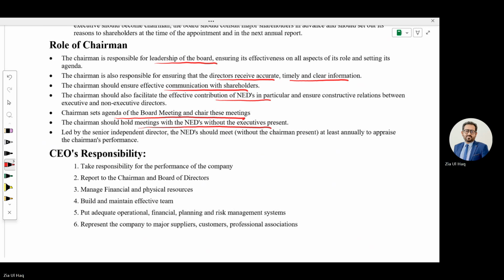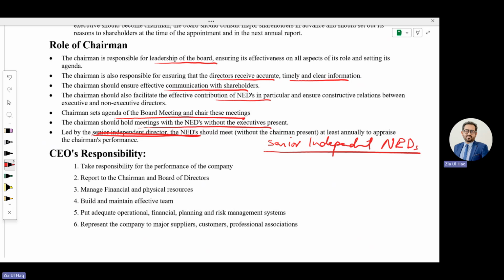And in a company, there should be a senior independent non-executive director. Meaning the company should appoint one of the non-executive directors as a senior independent non-executive director. Normally, non-executive directors are part-timers.